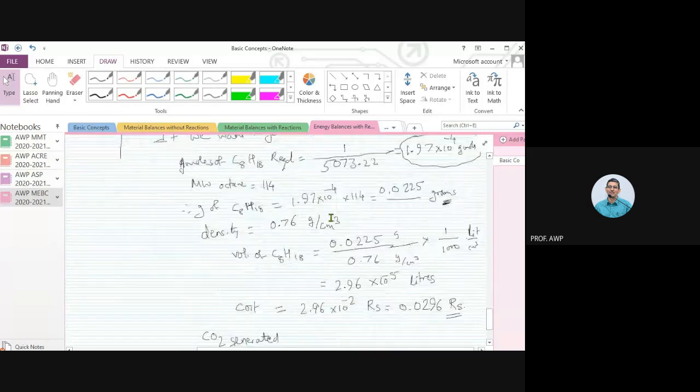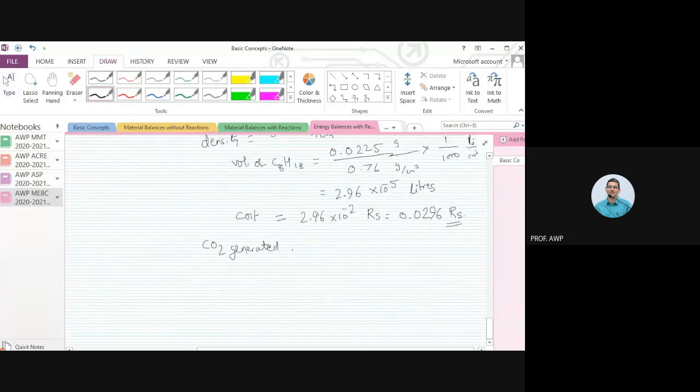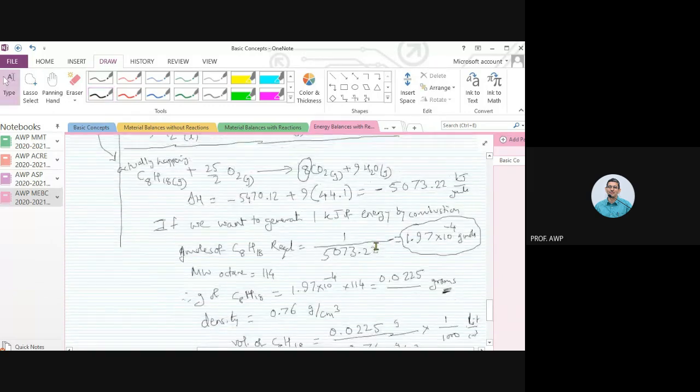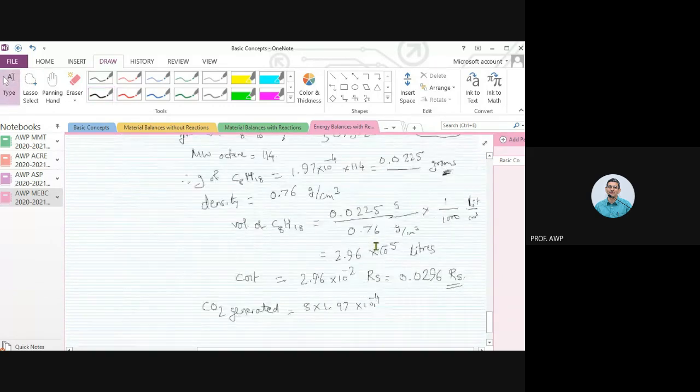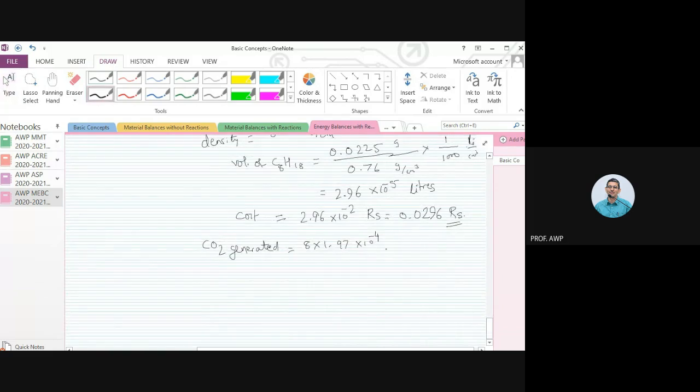So CO2 generated would be 8 multiplied by 1.97 into 10 raised to minus 4 gram moles. If I multiply by 44, the molecular weight of CO2, this would be in grams: 0.069 grams of CO2.